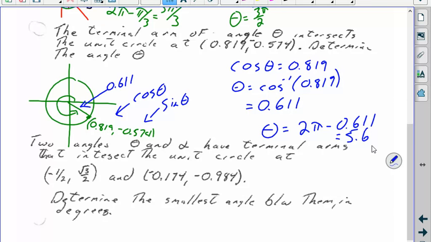What did that work out to be? Yep. Thank you. Okay. So that gave me my reference angle.